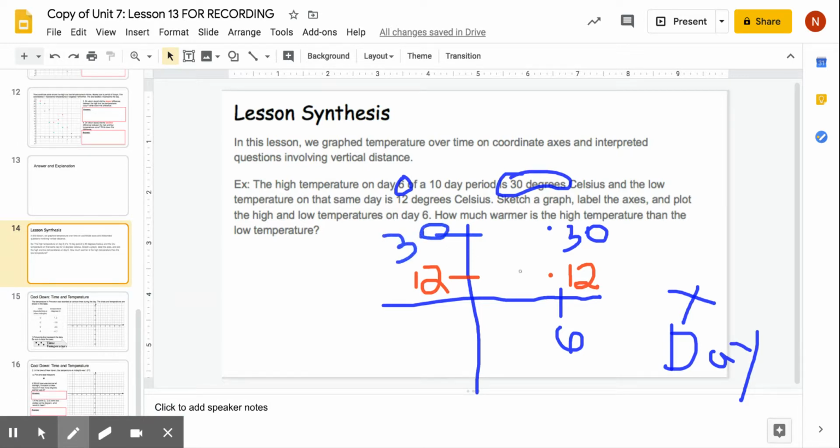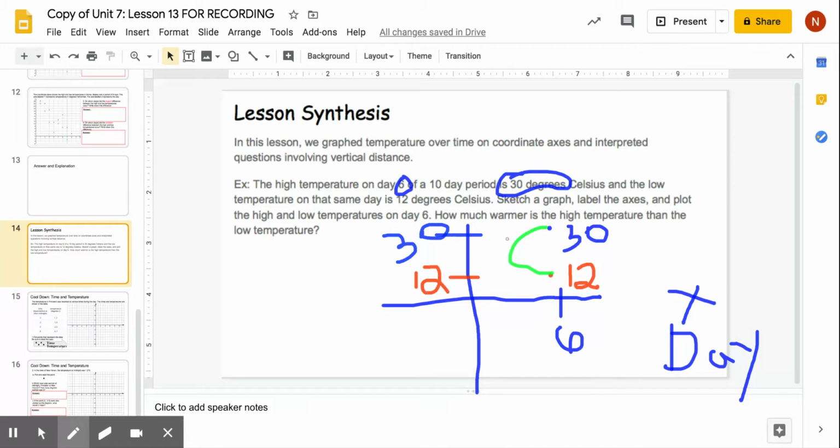So this is what a sketch is. We are not getting into very specific details. Now the question it's asking us is, how much warmer is the high temperature than the low temperature? So this is kind of like what we did in the activity, where we have to find the difference between the high and the low.